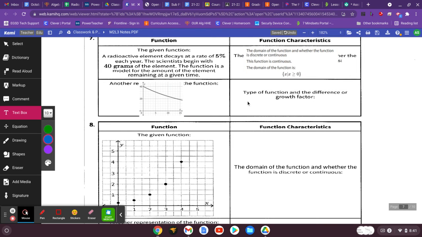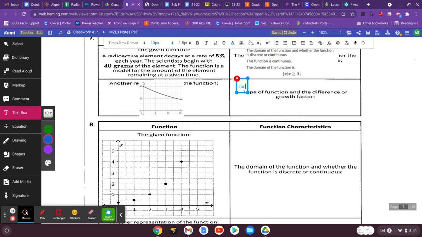All right, so our type of growth is continuous, and this would be exponential. But then our growth factor, or common ratio, is, and what are we going down each time? If it decays by 5% each time, then that means it's 0.95.